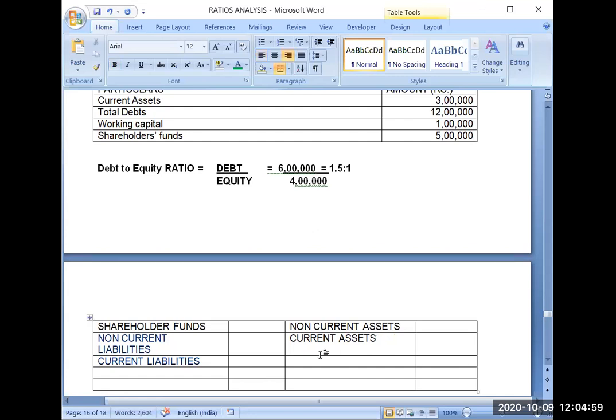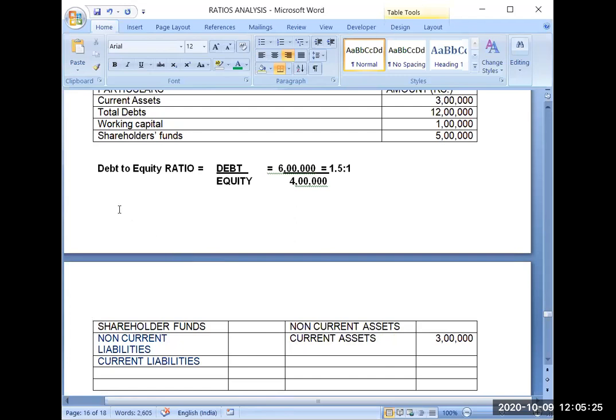Then total debt is given as 12 lakh, so I will be using that same formula. Now working capital is given and current assets are given, so I can find out current liabilities. And then after finding the value of current liabilities, I will deduct this value from the value of total debt. Then I will be able to find non-current liabilities.